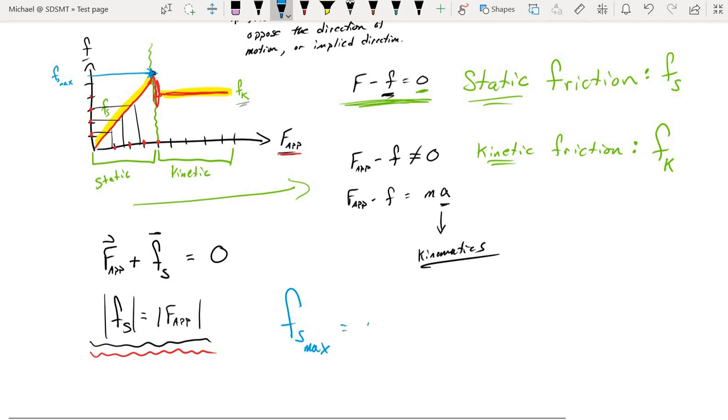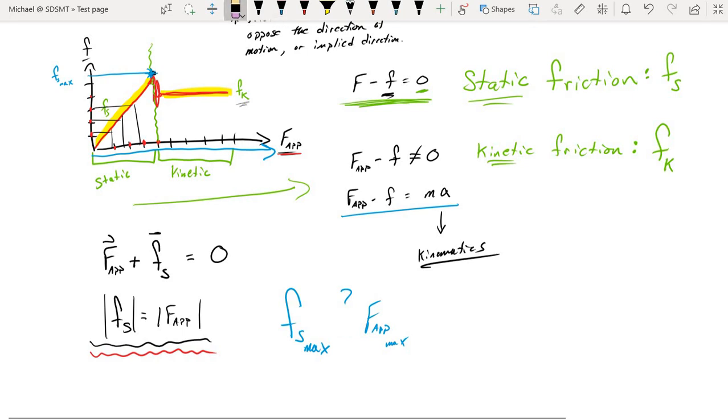Does that mean that it's going to equal the maximum applied force? Well, no, because we can continue applying more and more force to the system, but obviously we're going to reach that breaking point. We're going to switch over to kinetic friction, but our applied force can still work even in a kinetic case.